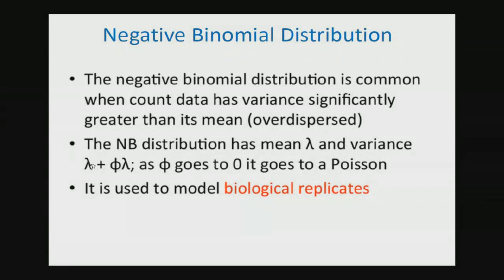So this phi is called the over-dispersion parameter. That's why the negative binomial distribution is used to model biological replicates. Any questions? So we started out with a binomial and then went through Poisson. The Poisson doesn't properly account for the variance estimate, so we continue to negative binomial.